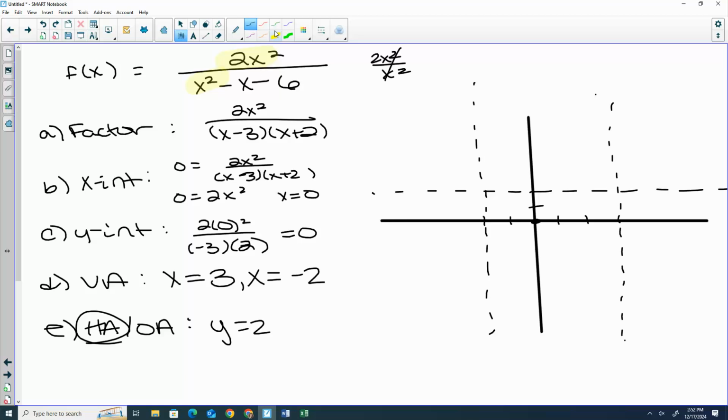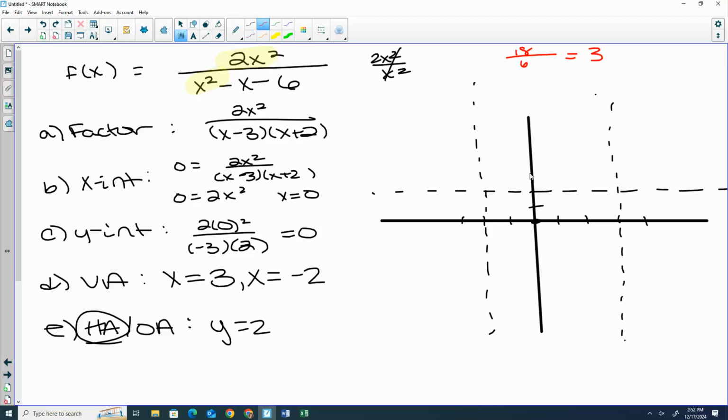Okay, then we picked test points to help us finish this graph. So we need something on each side of these vertical asymptotes in order to graph it. So for instance, if we put in -3, that would be 2 times 9, so 18 over 9 plus 3 is 12, minus 6 is 6, and we get 3.